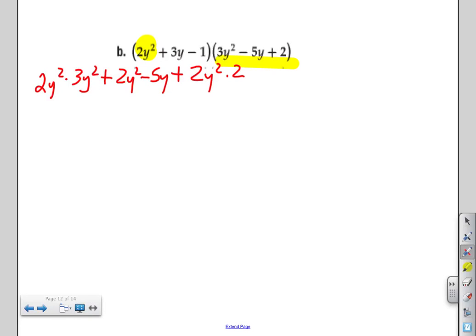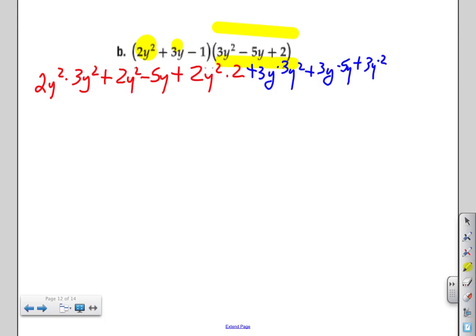Now I'm going to multiply the 3y times everything. So that will be plus 3y times 3y squared plus 3y times negative 5y plus 3y times 2.